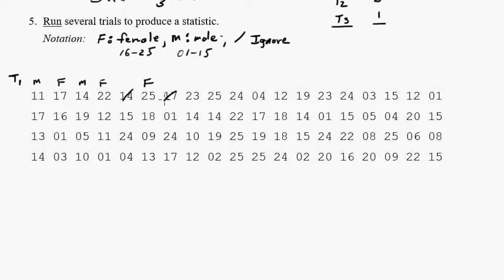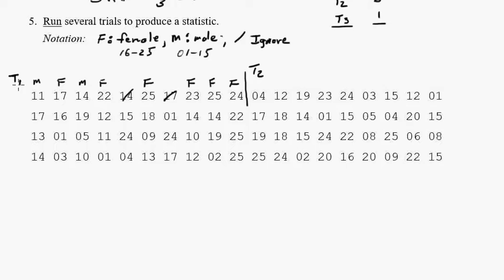A repeat, so I can't count that. And then 23 is female, and then 25 is female. So let me check. 1, 2, 3, 4, 5, 6, 7, and 8. So there you go. I've selected 8 pilots. So I'm going to move on to trial 2.